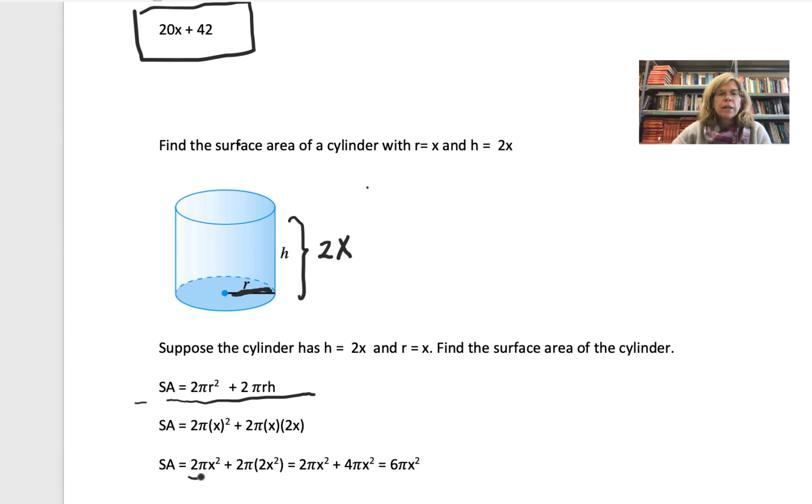So 2 pi x squared from above, and then 2 pi times 2x squared. Well, that gives you 2 pi x squared again, and then 2 times 2 is 4, so 4 pi x squared. And 2 pi x squared plus 4 pi x squared gives you 6 pi x squared. And that is that. Okay, have fun on the problems.